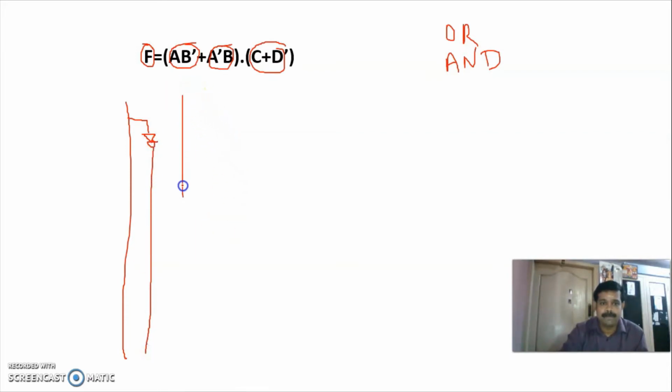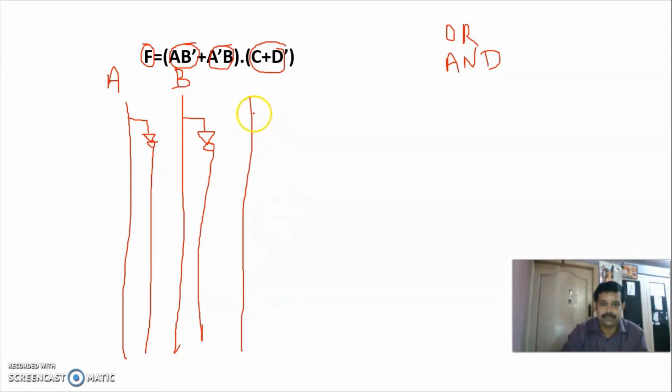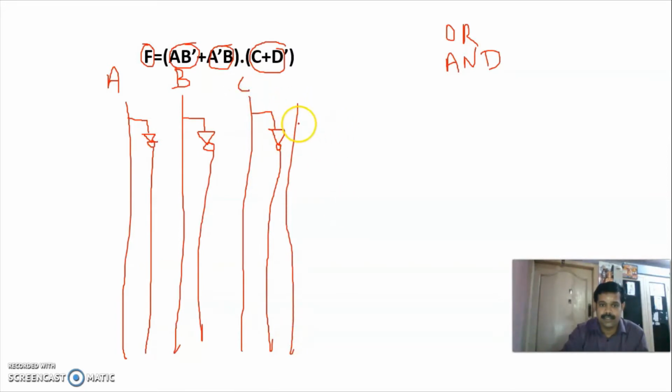Then this is A, this is B, next to that C, and next to that is D. Okay, the shapes while you're drawing in your notebook, you draw it clearly.